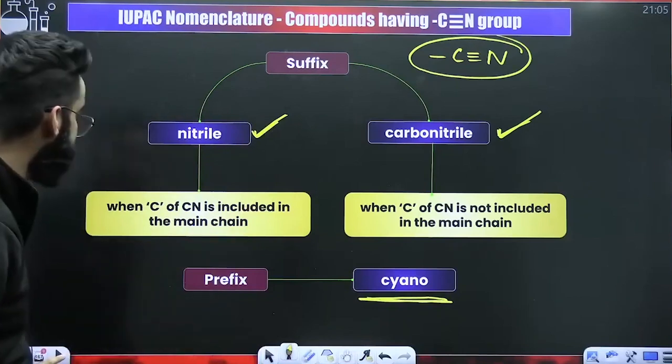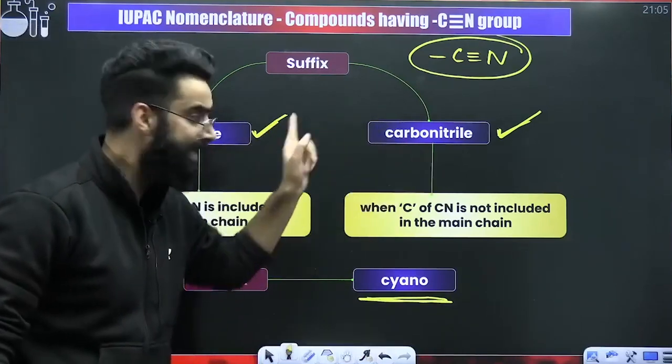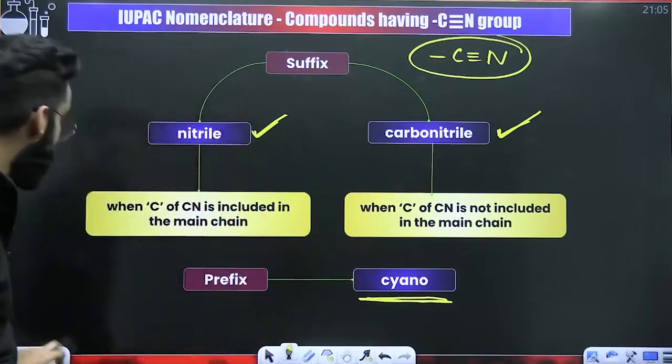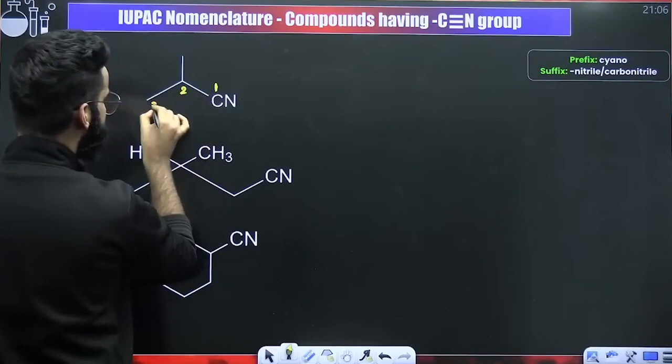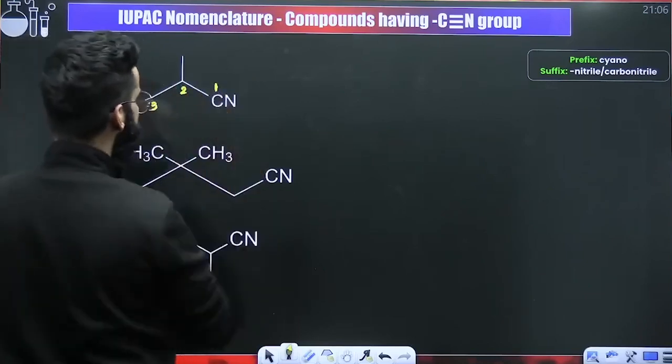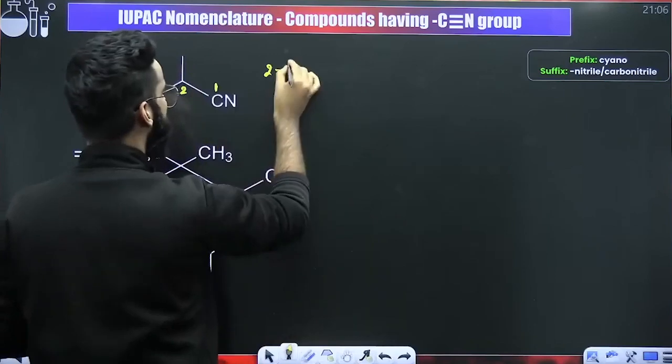Let's do certain examples. Nitrile, carbonitrile, cyano. Try to understand. First of all, this is your carbon number 1, this is 2, this is 3. Perfect. So now, what is going to be the name? The name is simply going to be 2-methyl. At carbon number 2, you have got a methyl group.